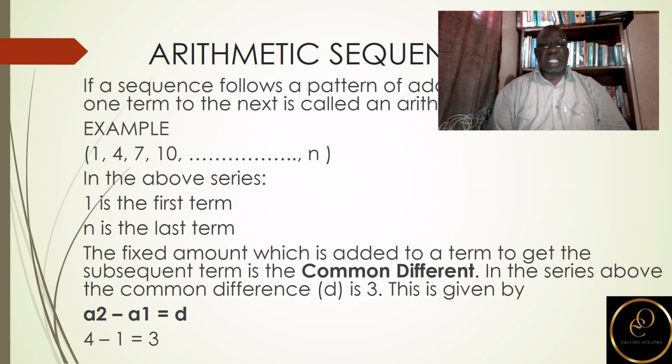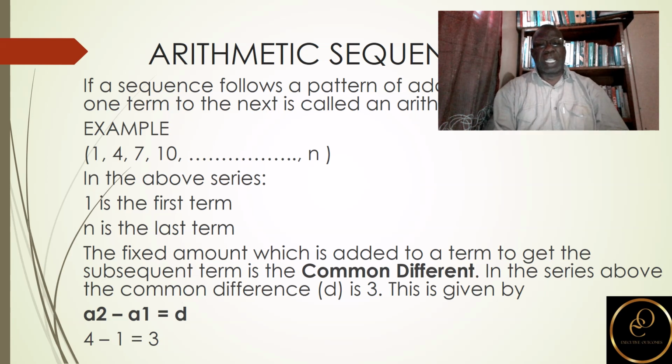Let's look at an example here which has a series of 1, 4, 7, 10 up to the nth number. In this particular case, we refer to the first item in the series as the first term.